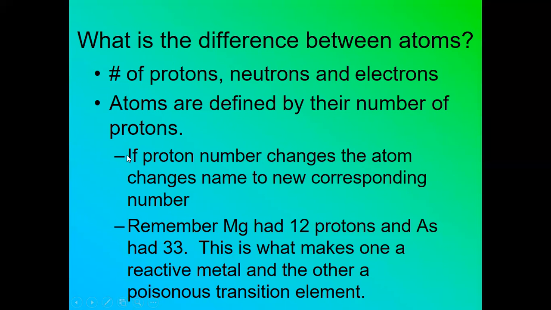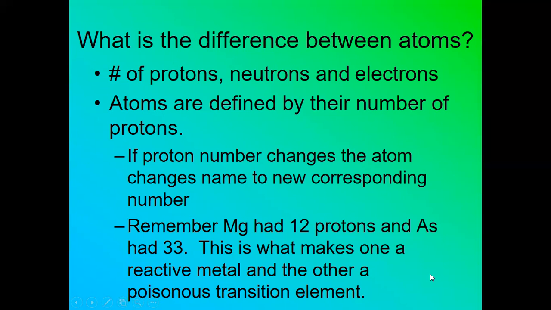Now, there are ways that you can change the proton number. You don't have to understand what that is right now, but if it changes, then the fundamental properties of that element change. Remember, magnesium had 12 protons and arsenic had 33. It's the difference between this proton number that makes one a reactive metal and the other a poisonous transition element.